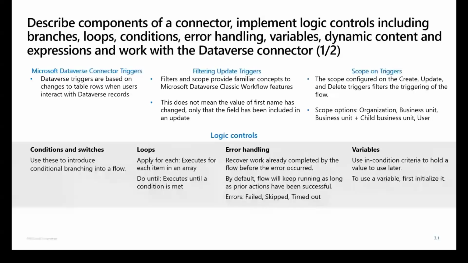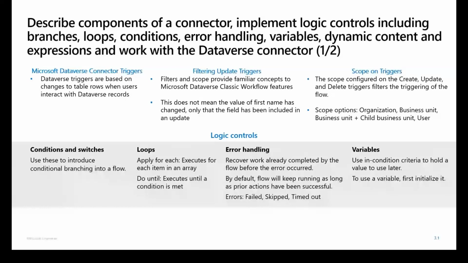When you build a flow, really it's just calling actions in different connectors. But what we have to do when we're building the flow is handle the functions, and handle if-then-else conditions. Handling loops is very common, such as apply to each loops. We need to make sure we handle errors, because if the flow detects an error, it'll just stop.